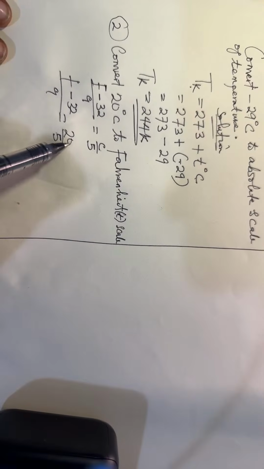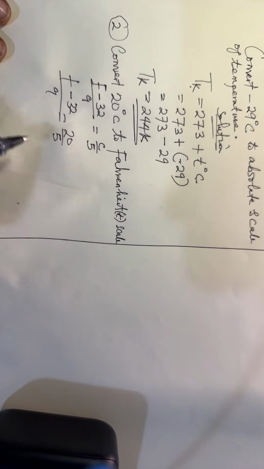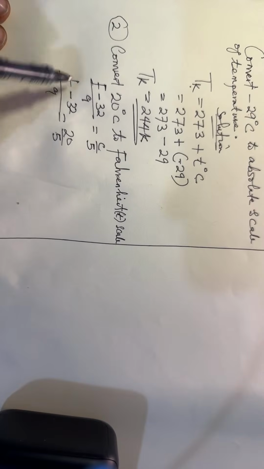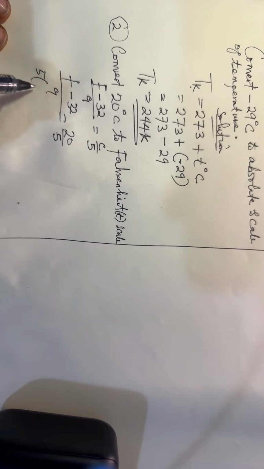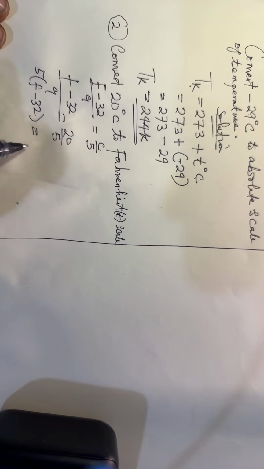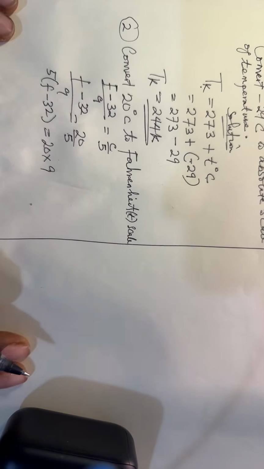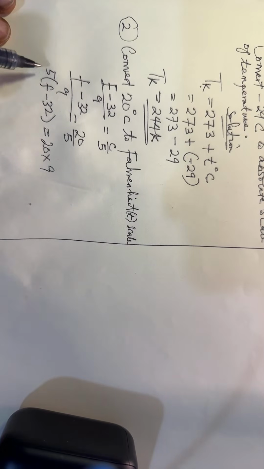If you want to divide this one to give you 4 and then use it to do your work, no problem. But if you want to cross multiply, that's still okay. Cross multiply means taking the 5 over here, so that 5 into (F minus 32) equals 20 times 9. Anyhow you follow it, just make sure you do your thing properly.